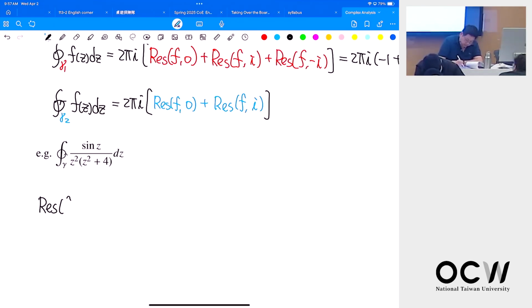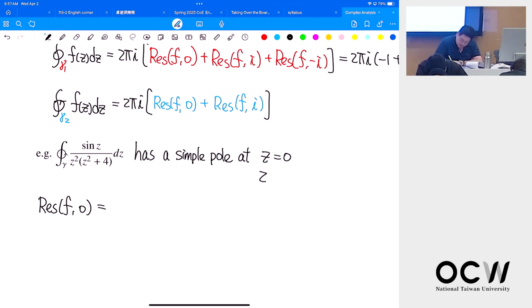So we will need to find the residue at 0, 2i, and minus 2i. And yes, we have a simple pole at z equals 0, z equals 2i, and z equals minus 2i.